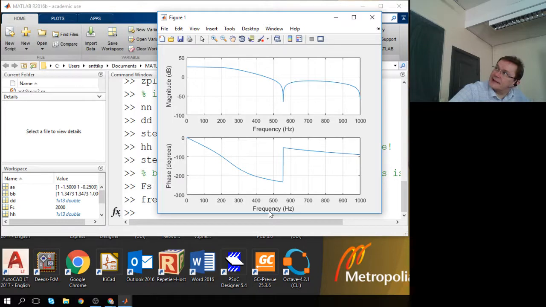That's nice. That's a frequency response of the system. And look at the scale here. Okay, that's about 70 dB. The difference between this and my whiteboard picture is that I didn't plot it here in logarithmic scale.